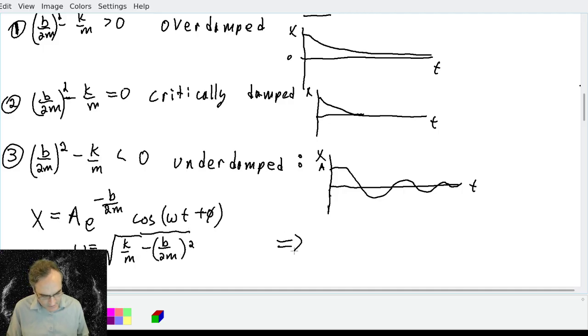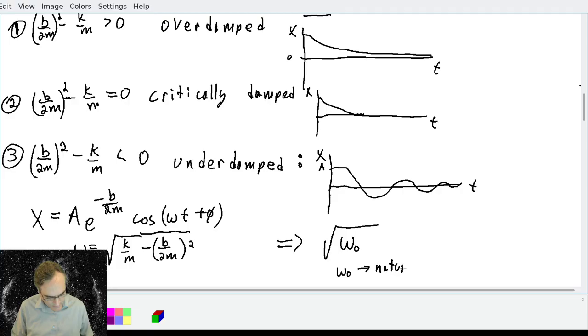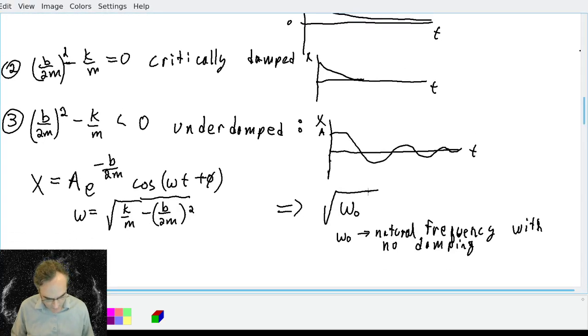Or more generally, in case you happen to deal with a pendulum case, you can also think of this as just omega naught, the natural frequency with no damping, squared, minus (b over 2m) squared.